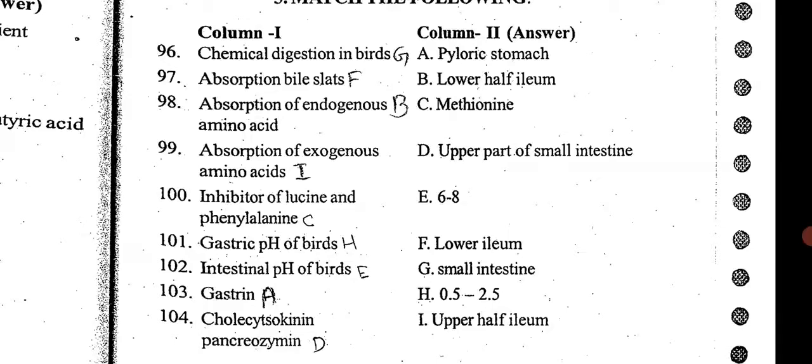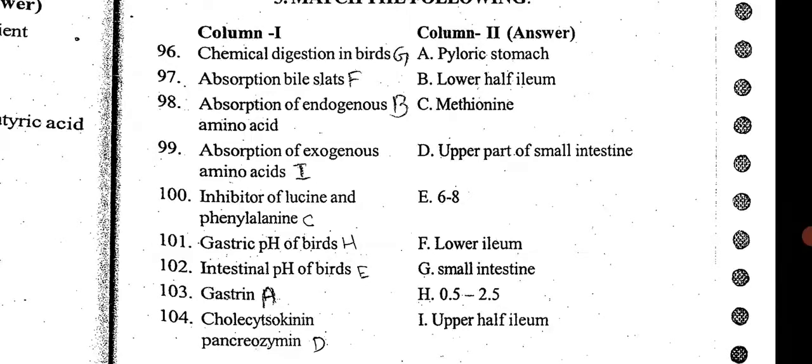Firstly, the first part of the ileum absorbs the exogenous amino acids. Exogenous amino acids are absorbed in the upper half, so they are absorbed earlier and followed by the endogenous amino acids.